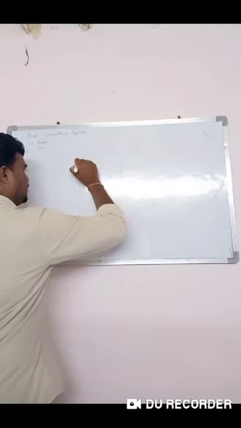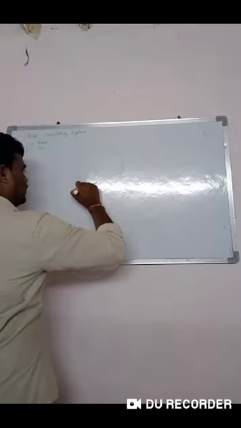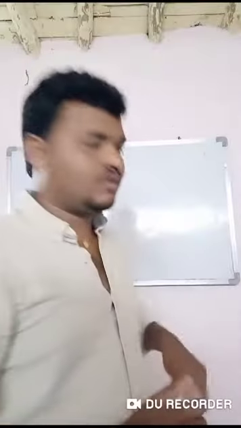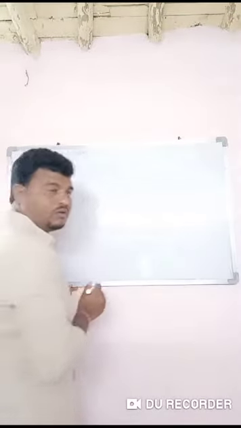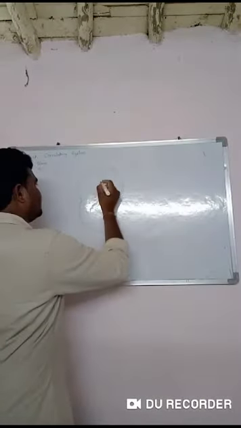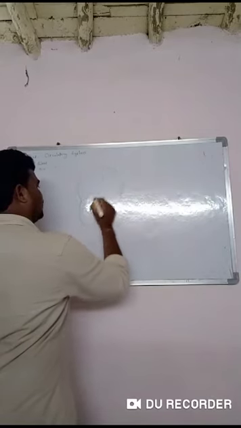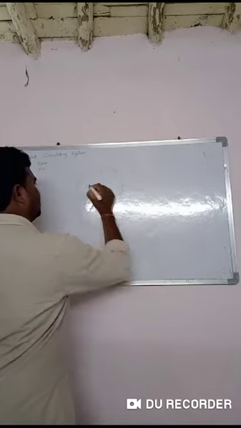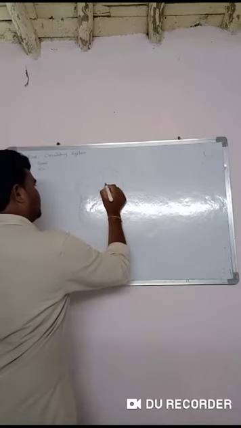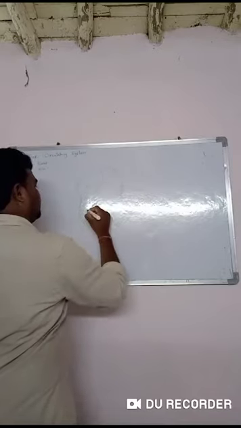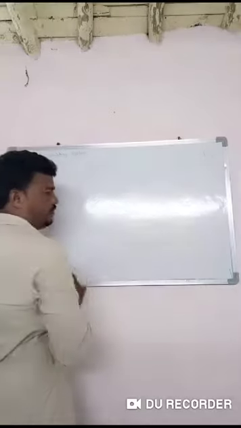This is the auricle, this is also an auricle, this is a ventricle, this is also a ventricle. This is the right auricle, this is the left auricle, and this is the left ventricle.